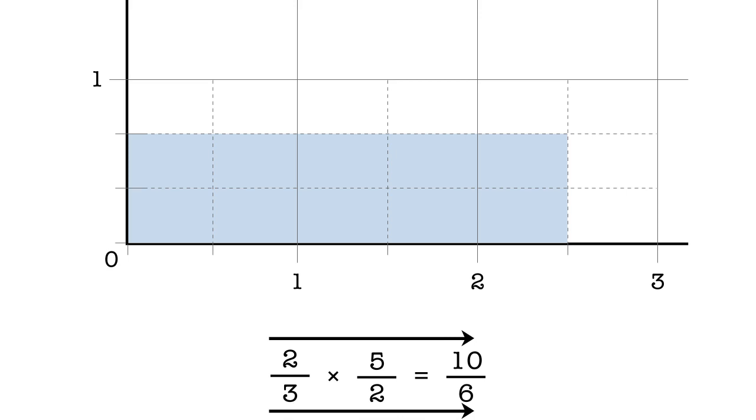We could solve every multiplication problem with fractions using diagrams like this, but that would take a long time. In every case, the answer would be the same as we get if we just multiplied the numerators and denominators as we did in these examples.